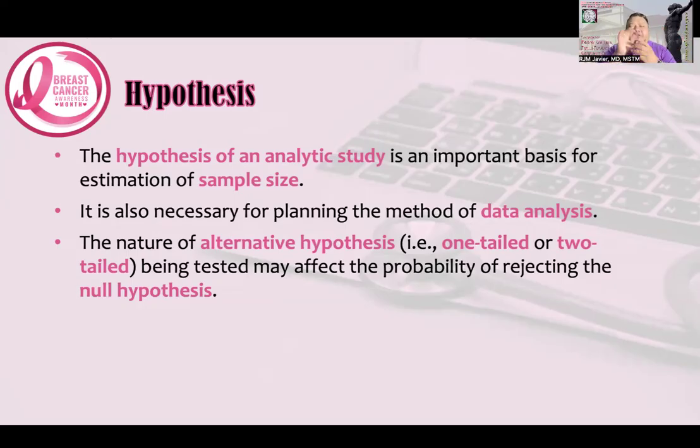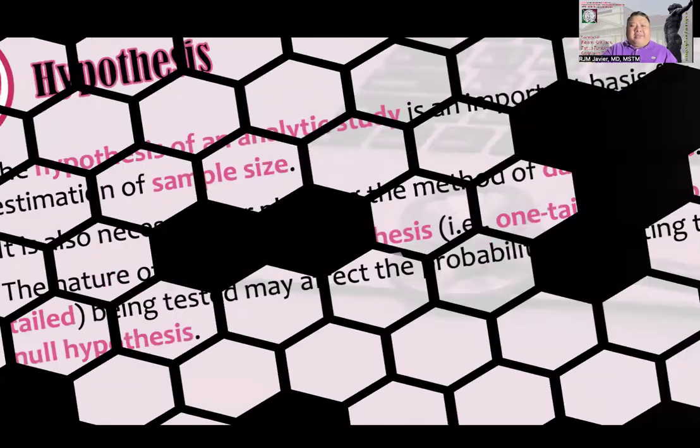If you don't know if it's positive or negative, then of course we go with the two-tailed hypothesis. So at the end of the day, it really depends on how you do your literature review. If you're already siding on a direct relationship between variable one and variable two, then you might opt for a one-tailed alternative hypothesis rather than a two-tailed hypothesis.